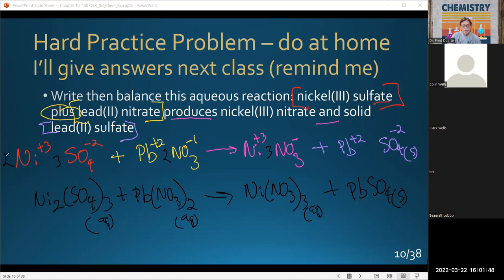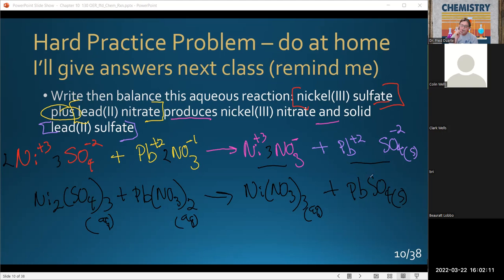When we look at the reactants, we start off with nickel sulfate and lead nitrate. The partners, the anions and the cations, have exchanged partners. The nickel got together with the nitrates to form nickel nitrate, and the lead got together with the sulfate to form lead sulfate.